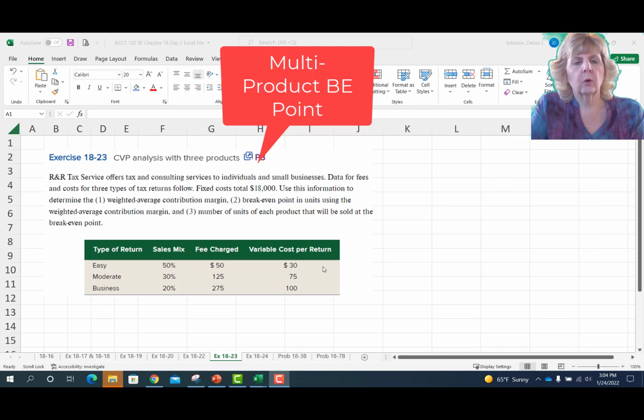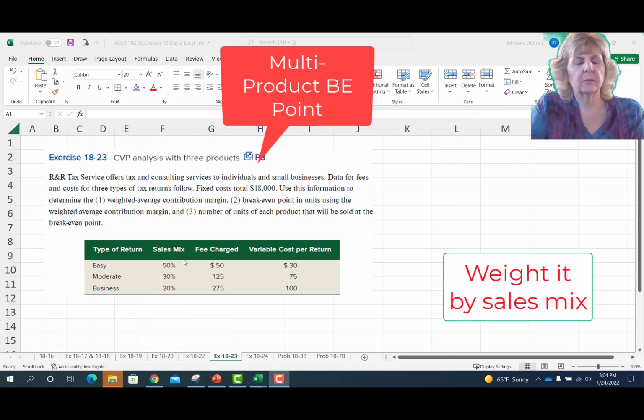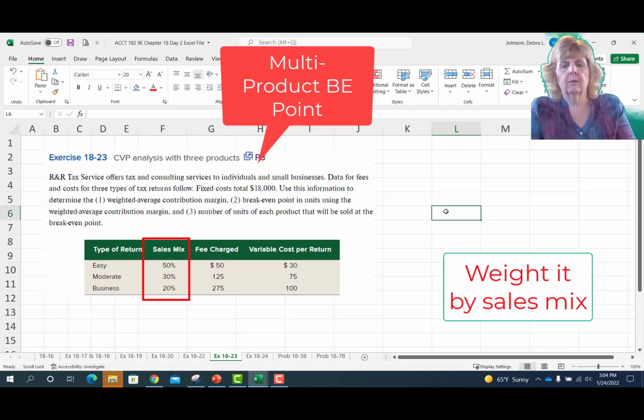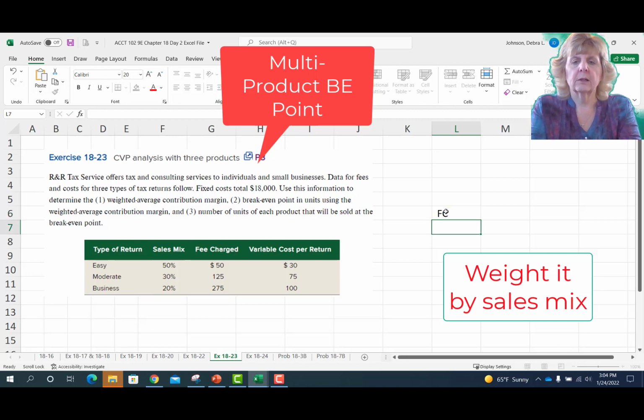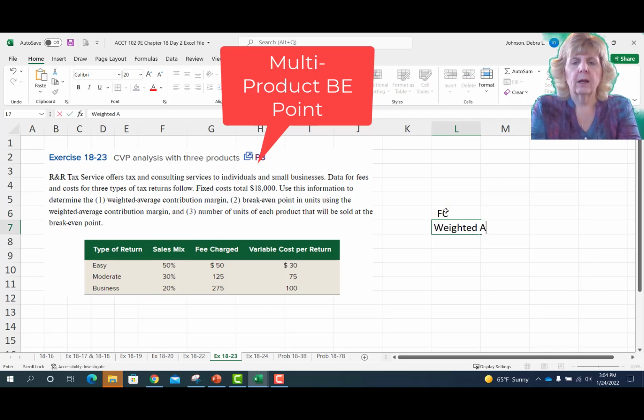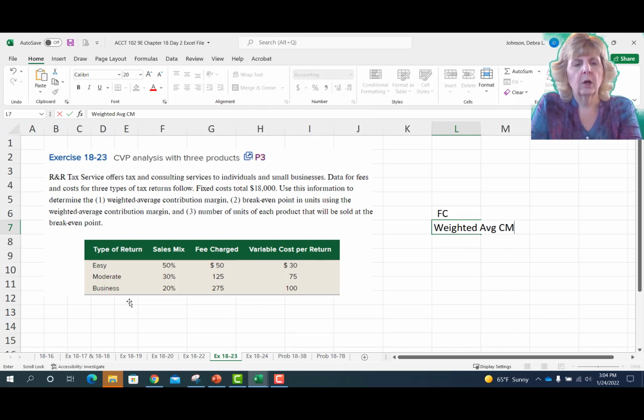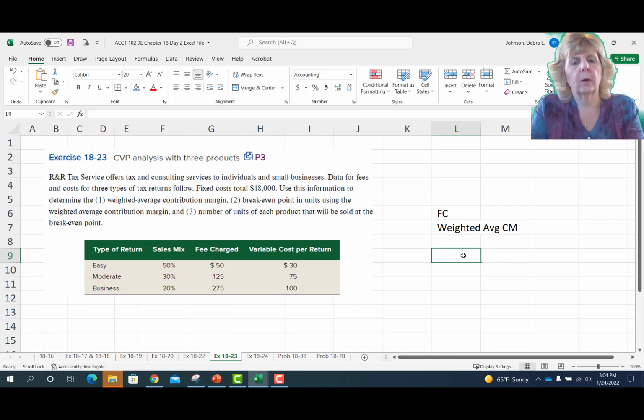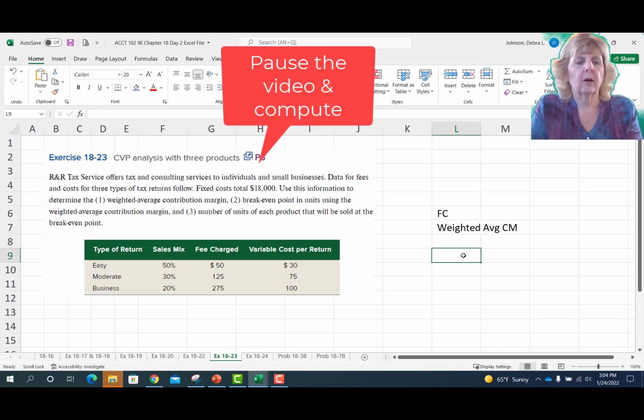Once you have that, you're going to weight it by the appropriate sales mix that you see in this column, and we'll use the modified break-even formula, which says fixed costs go on the top and the weighted average contribution margin would go on the bottom. So take each one of those contribution margins that you compute, multiply it by the sales mix to get the enterprise break-even point, and then weight it back to get how many easy returns, how many moderate returns, and how many business returns you would need to sell with that sales mix to break even.